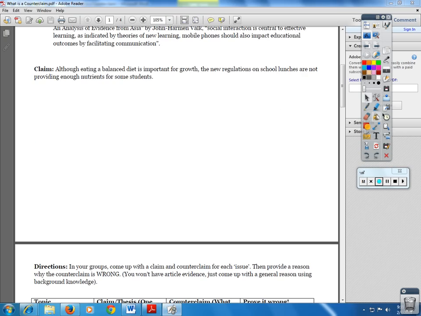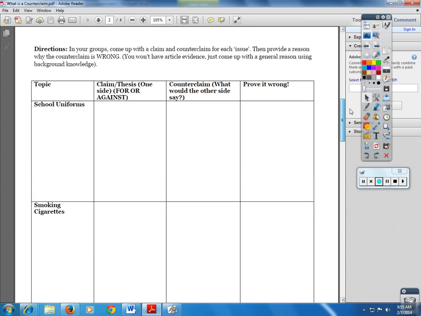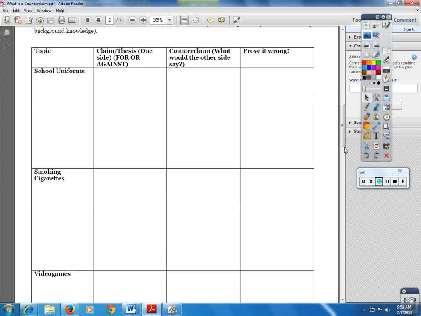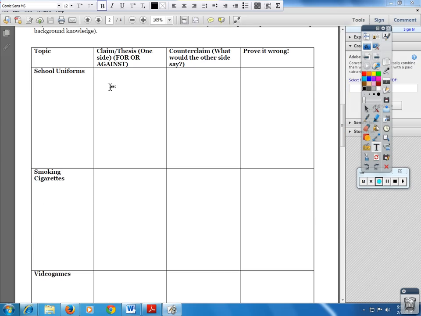So let's go now to the second sheet, and you're going to be filling out this whole thing. So you're going to think of a claim for each of these issues. And you're going to think of what the other side would say, and then you're going to prove it wrong. So school uniforms. Students should not have school uniforms because it takes away freedom of expression.